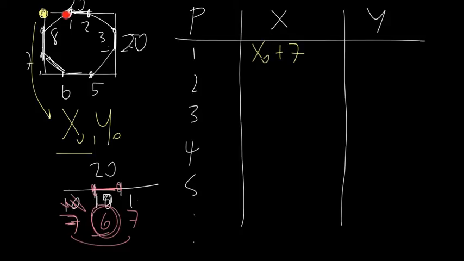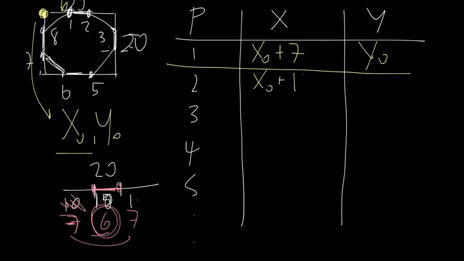What's its y value for point number 1? Its y value is essentially just y0, because there's nothing coming down from that top edge. Let's have a look at point number 2. Point number 2 is a little bit further along. It's 7 plus 6, so its point is going to be x0 plus 13, and it's going to be y0.